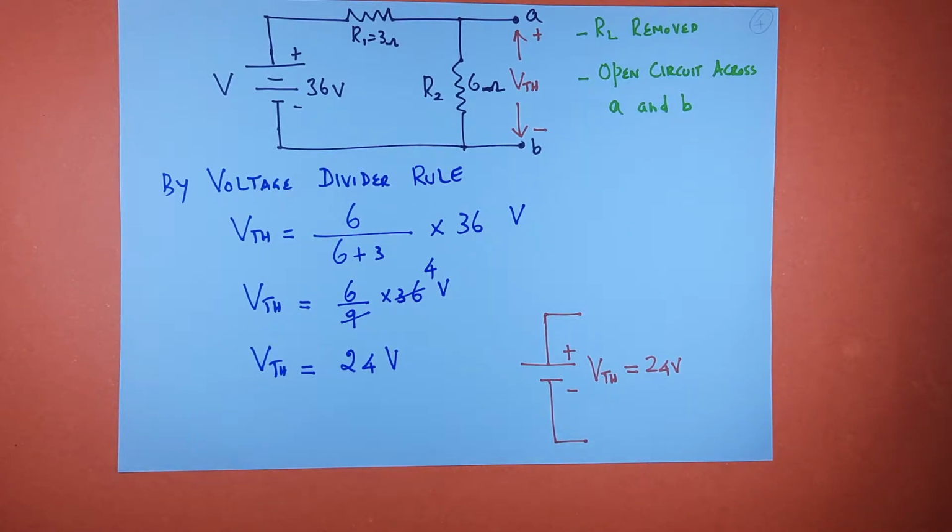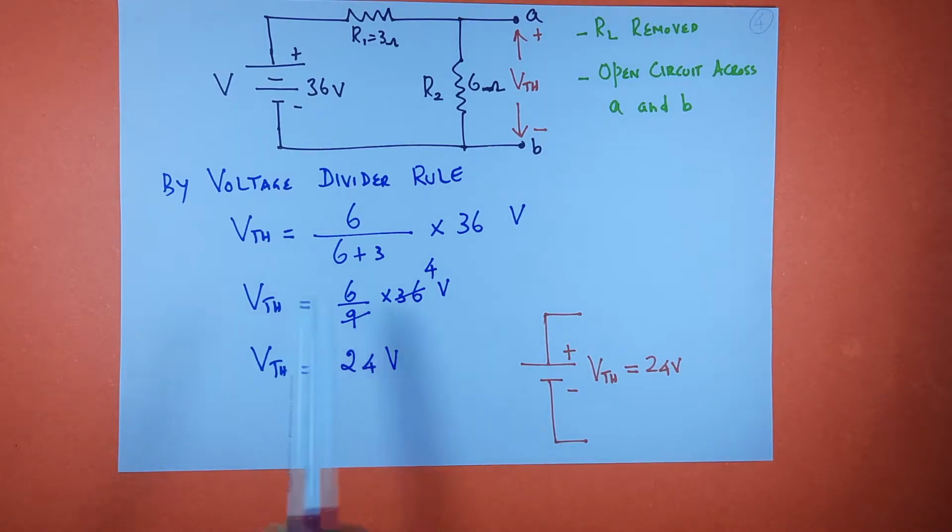Of course, you can apply the voltage divider rule. You know what the voltage divider rule is: voltage across a resistor in a series circuit is equal to the value of that resistor divided by the sum of the resistors, multiplied by the source voltage.